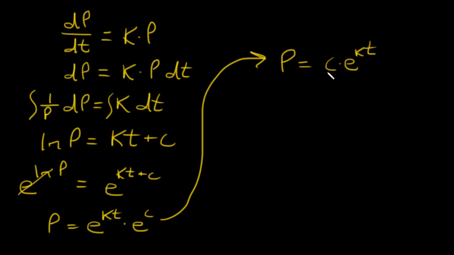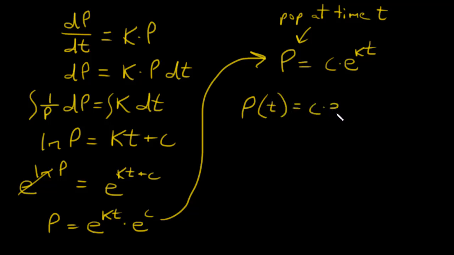And that was our function, but I will make one last addition because P is the population at time t. So I'm going to rewrite it as P of t is equal to C times e to the kt. All right.